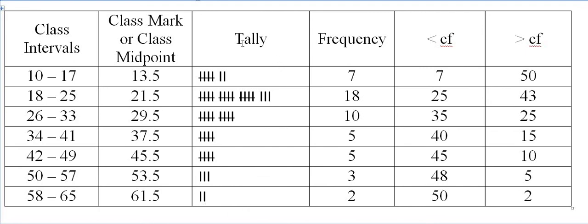Based on this tally column now, we can do the fourth column of our frequency distribution table, which is frequency. 5 plus 2 equals 7. 5, 10, 15 plus 3 equals 18. 5, 10.